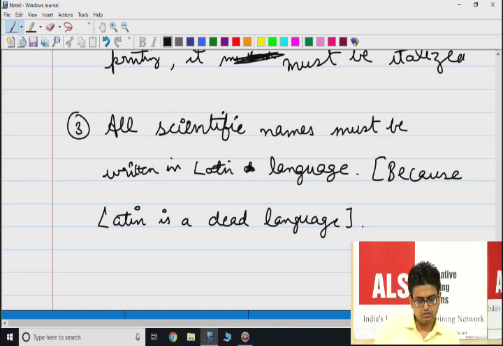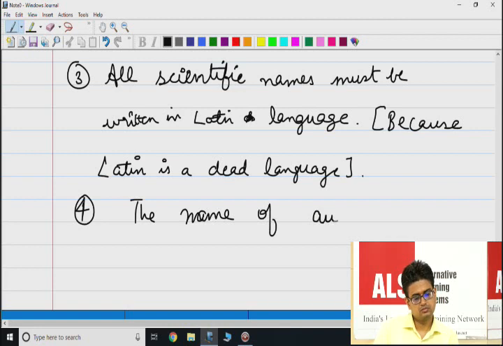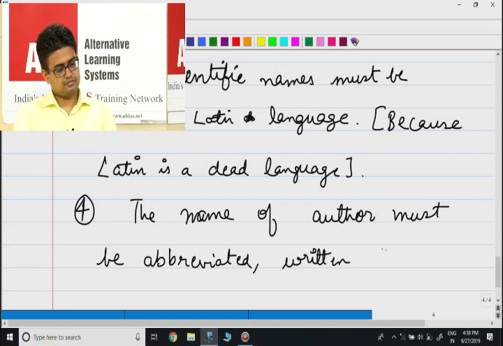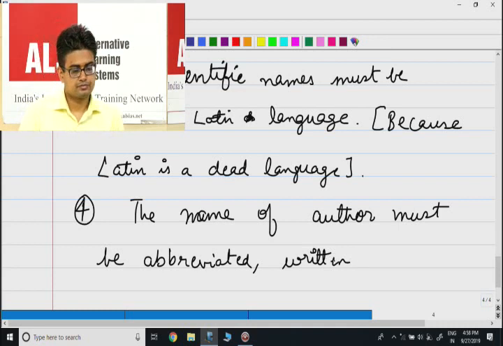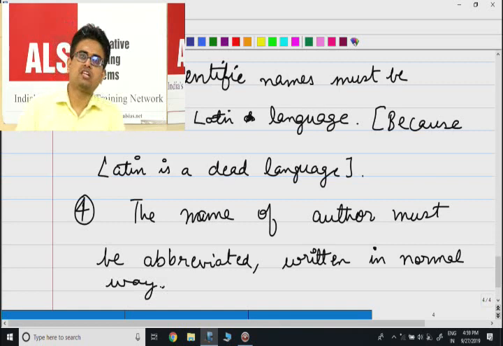The name of author must be abbreviated and written in normal way, no underlining, no italicizing.